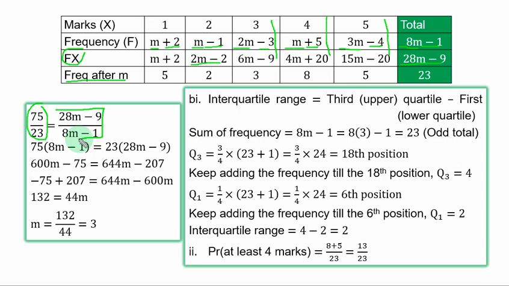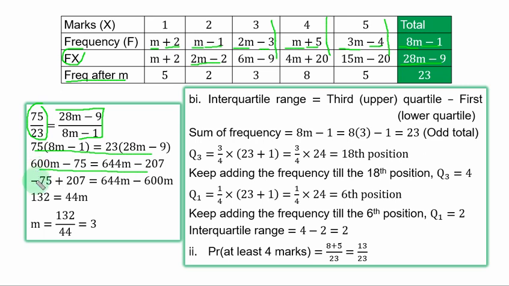To clear fractions, simply cross multiply in this form. You open the respective brackets and you have this result. Collect like terms. So here we are moving 600m to the right hand side.